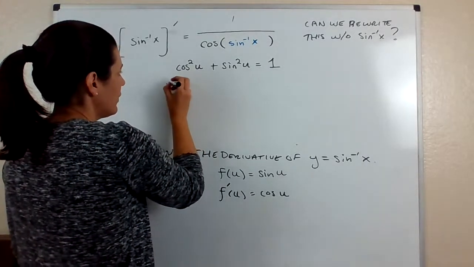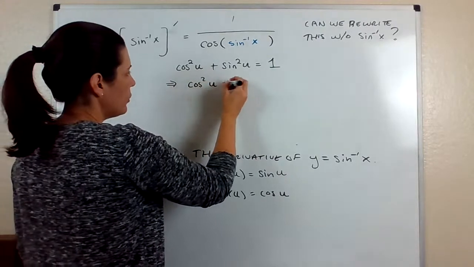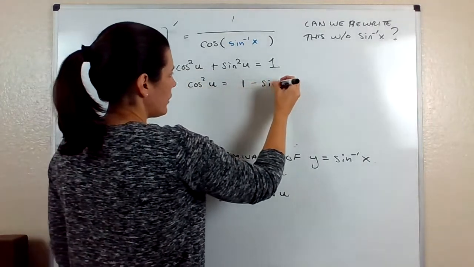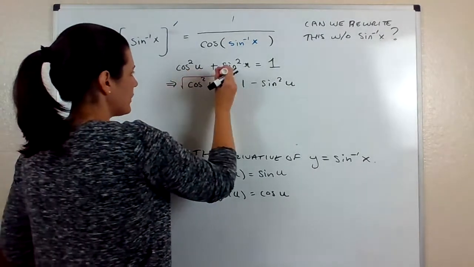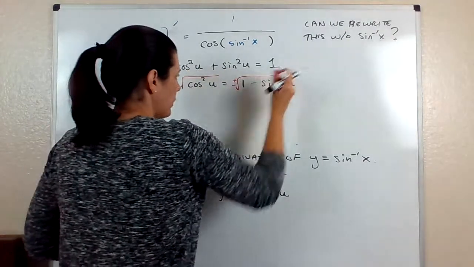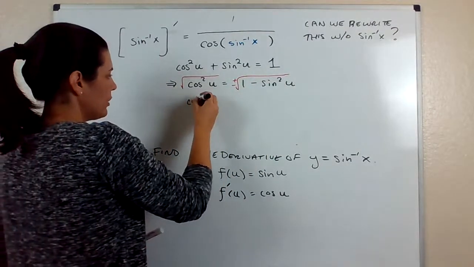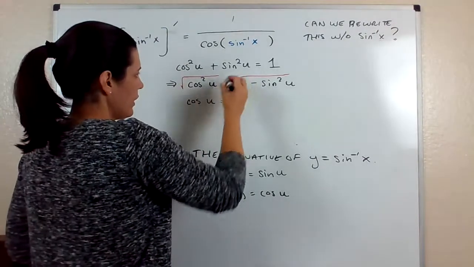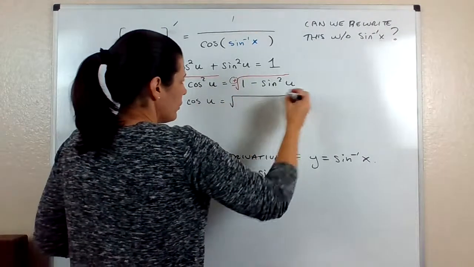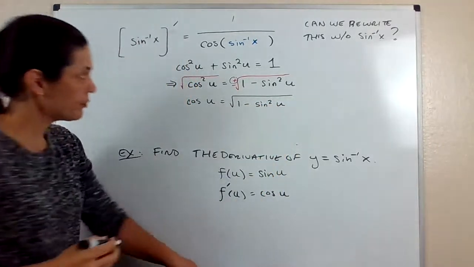So if I subtract sine squared u, I'm going to get cosine squared u equals 1 minus sine squared u. And then if I take the square root of both sides, technically there's a plus and minus, but I'm just going to keep the positive one. I get cosine u equals the square root of 1 minus sine squared u.